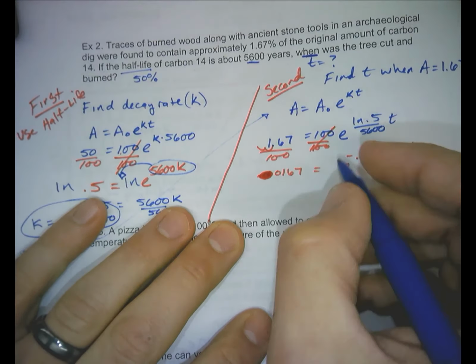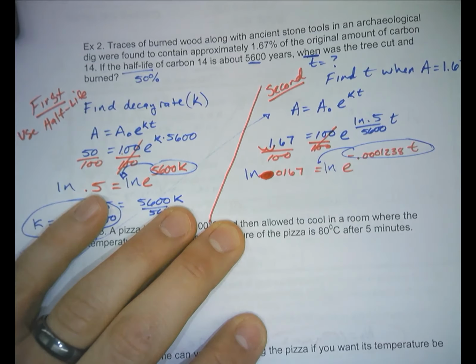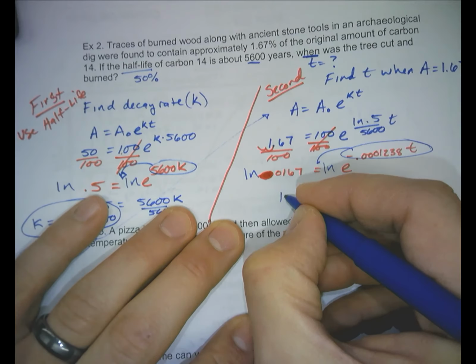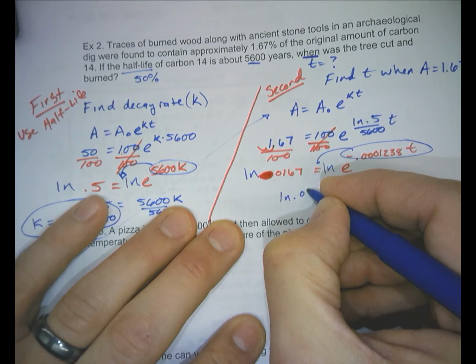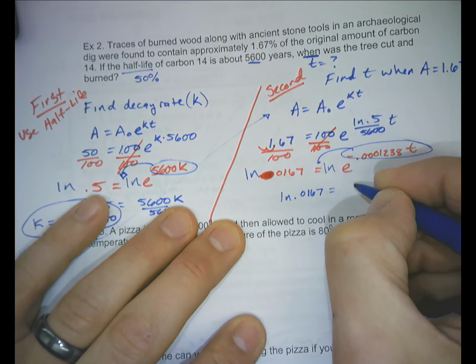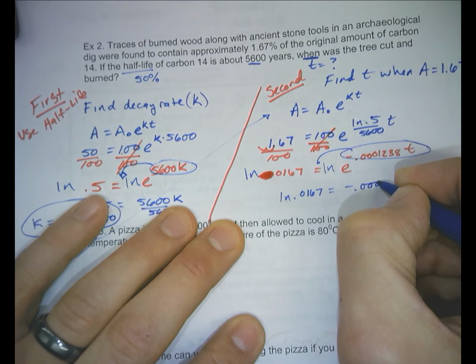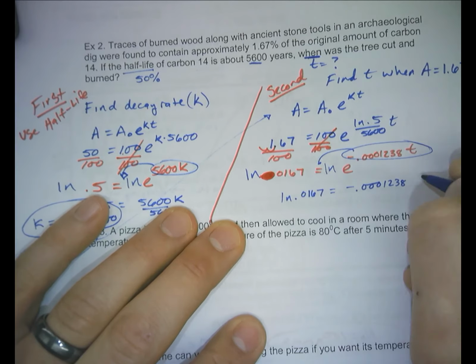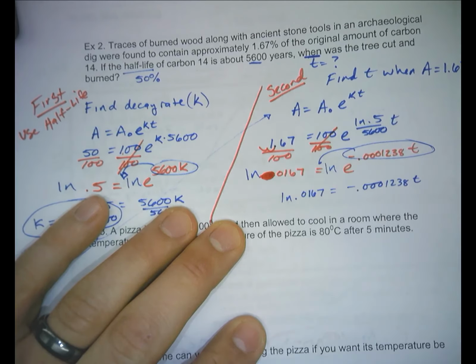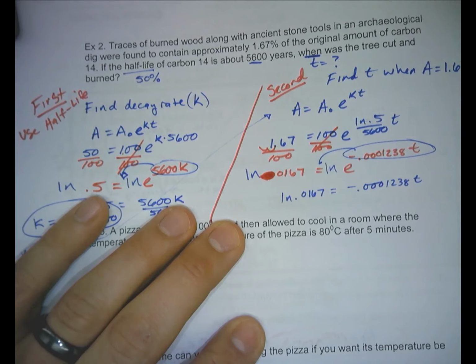Well, I want to get this T, I want to solve for T. I'm going to step on a log now, and now I can bring this guy down. So now I have the natural log of 0.0167 equals negative 0.0001238 T. Natural log of E, you don't need it because it's 1.